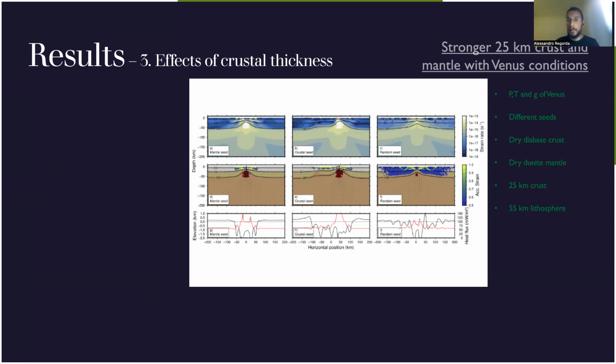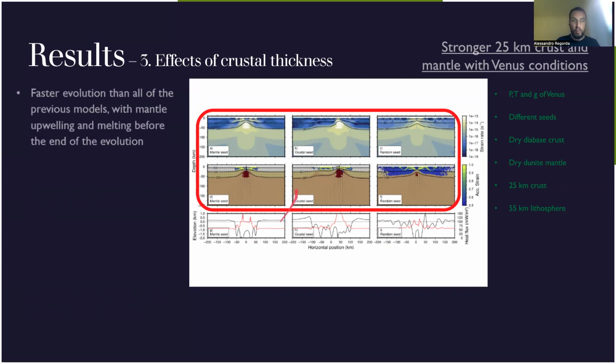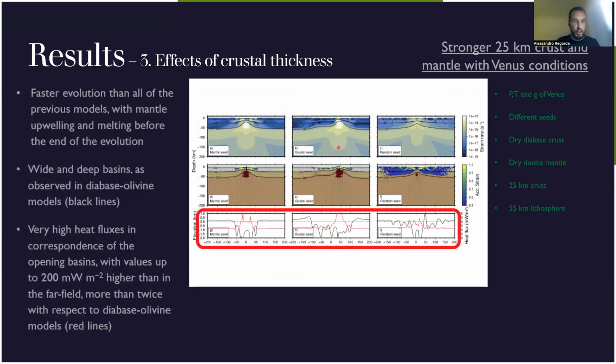We can see the same thing if we change the rheology of the mantle. In this case, all the models are fast to evolve. And for all models, there is a lot of accumulation of strain in the central part of the domain. So it allows mantle upwelling and mantle melting for all models, without migration as in the previous models.